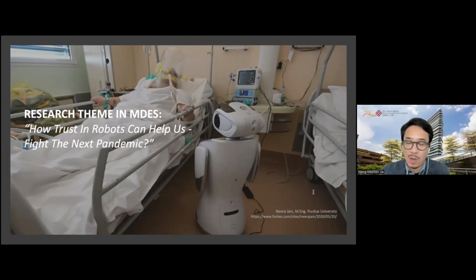But on the other side, we need it, because automated technologies, including Tommy, are helping us to fight COVID. So this brings us a very tricky question. What is the relationship between AI and humans?